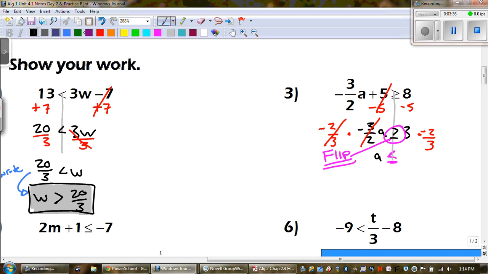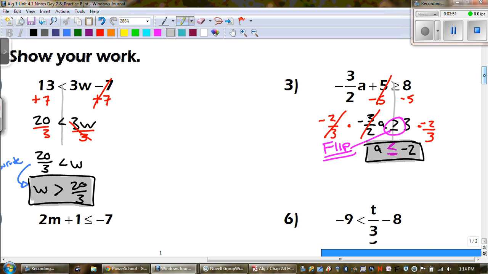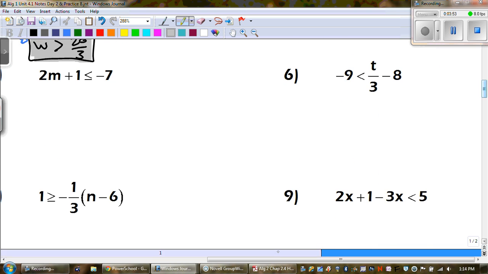Okay? So, 3 times negative 2/3 gives us negative 2. Okay.